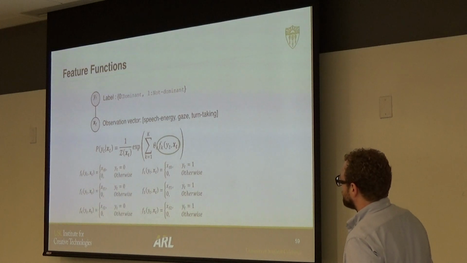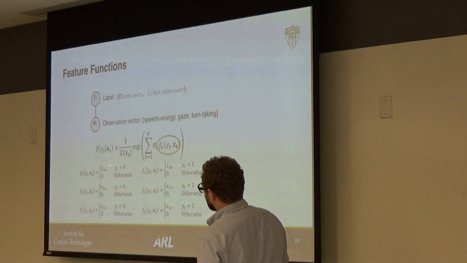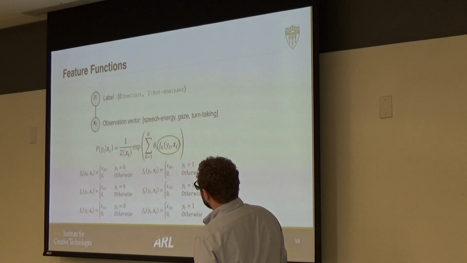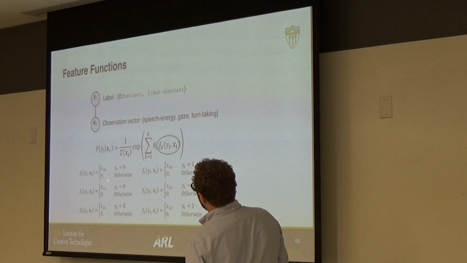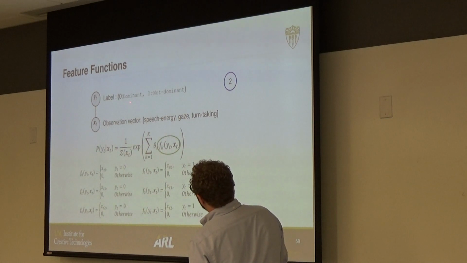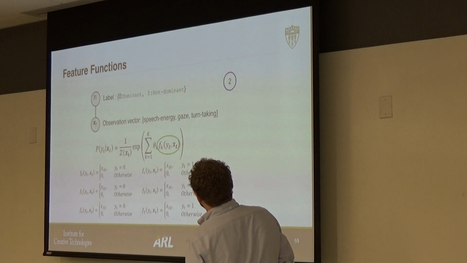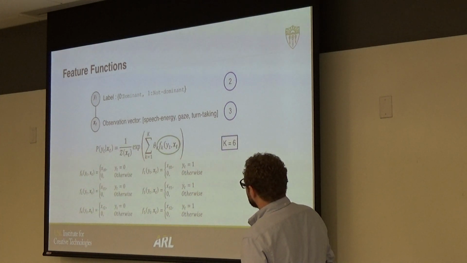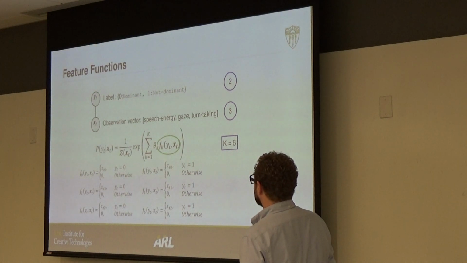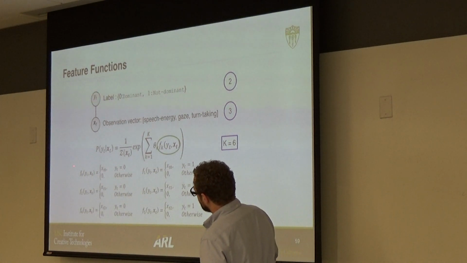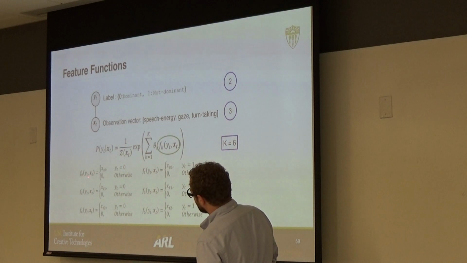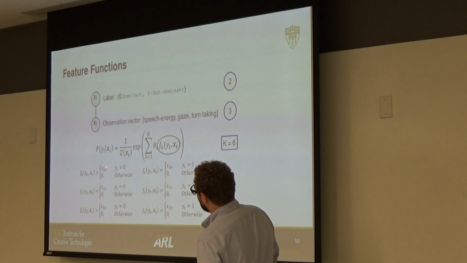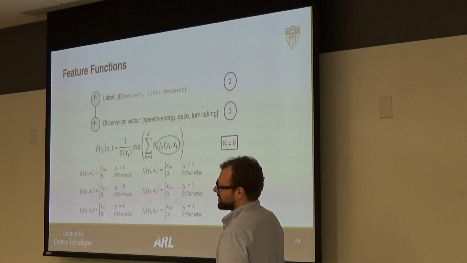Here are some examples of feature functions. In this case we have 6 of those because we have 2 labels and 3 observations, and 2 times 3 equals 6, so that K here becomes 6. What we have here, for example, is the following feature function: if yt equals 0, then we just use xt0.